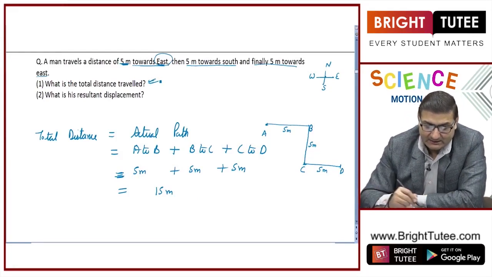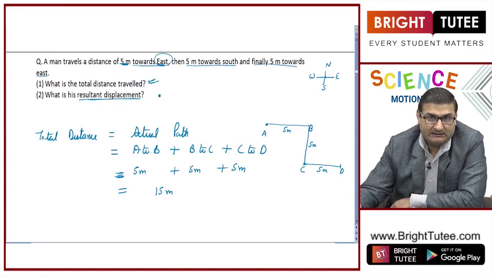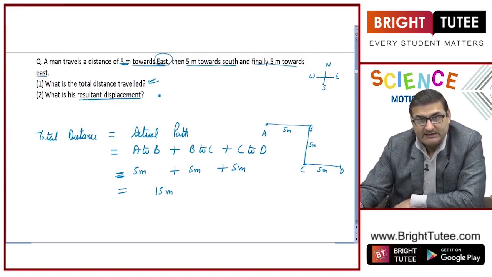Now, he is asking what is his resultant displacement. When I am talking about displacement, I need to find the shortest distance between the initial point and the final point, or the initial position and the final position of this man.